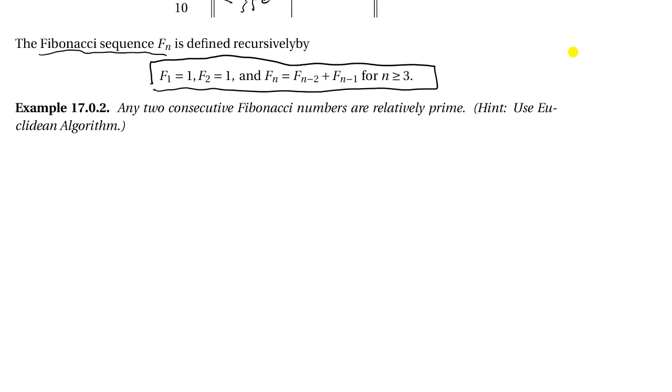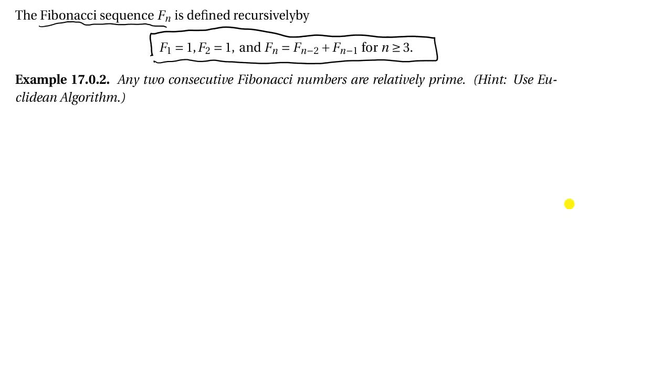Okay, for the proof, we need the Euclidean algorithm again. For any n, let's just choose any n, we have by the formula Fn equals F(n-1) plus F(n-2).